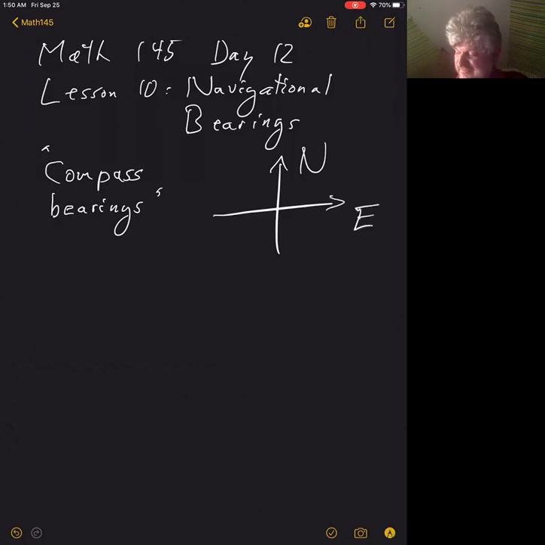East goes to the right, south is down, and west is to the left. And then you can go north, due north, fine. And you can go slightly left or west of north, let's say 20 degrees west of north.